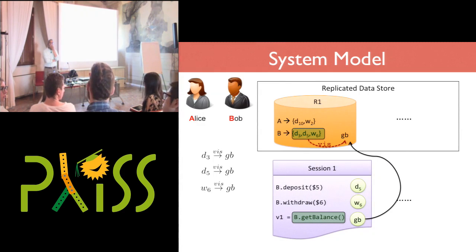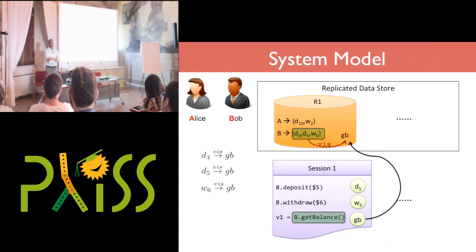If W6 is related to get balance with the visibility relation, does that imply that W6 is in session order with it? No, because there could be another session that did the W6. Bob may have clones that are running on different replicas or different sessions. So there's no correspondence.